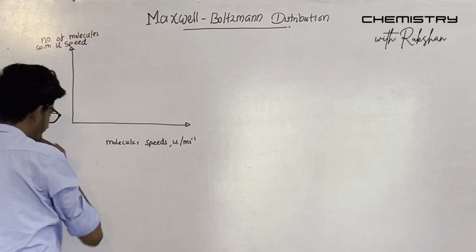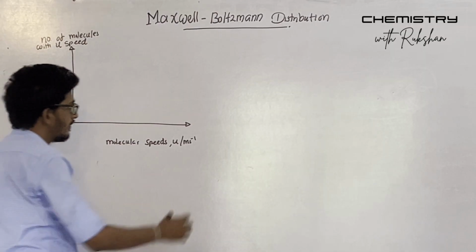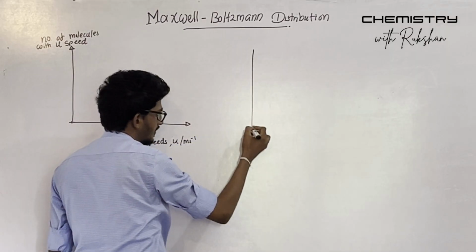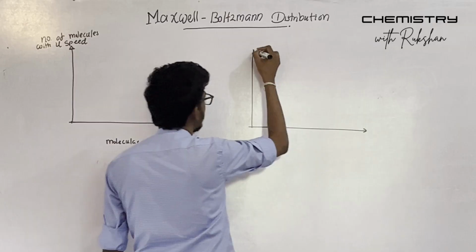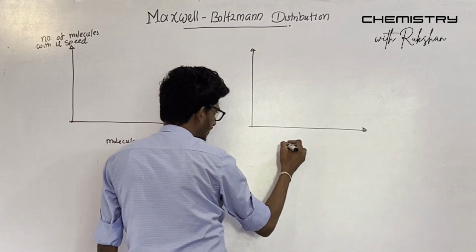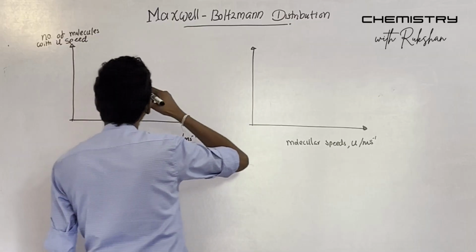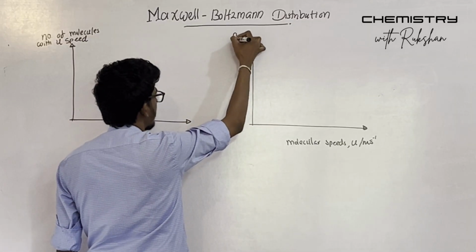So we can draw the Maxwell-Boltzmann distribution curve like this, or we can copy the curve. Both look the same, with molecular speeds at the x-axis, and at the y-axis we can have the fraction of molecules with that speed.